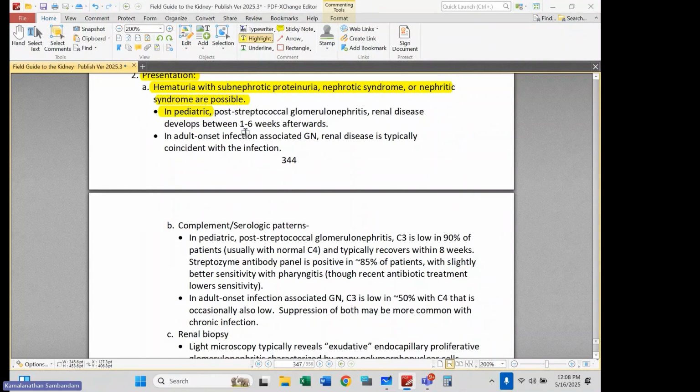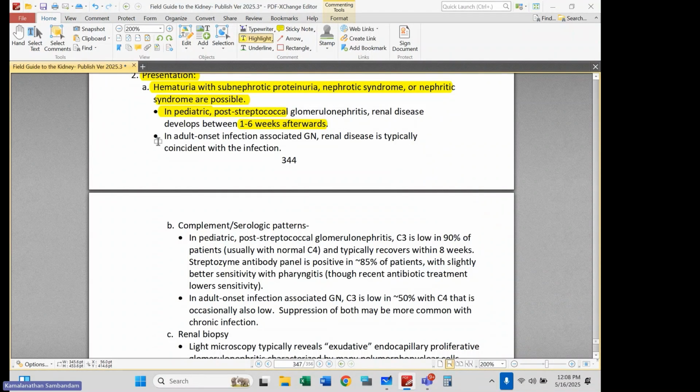In the classic pediatric post-streptococcal GN, there's typically a latency of around 1 to 6 weeks after the pharyngitis or skin infection, cellulitis, that you develop this renal response or renal disease.